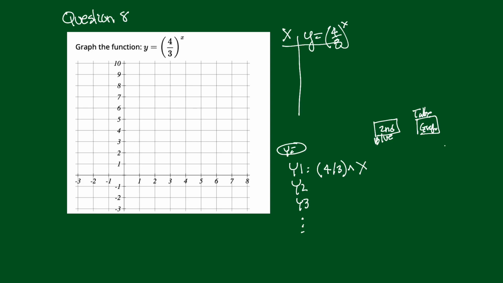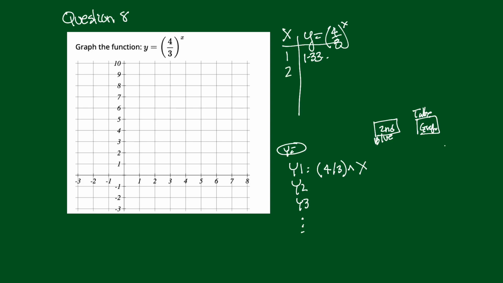Under X, if there's things in there, get your cursor over to X and press delete until they're all gone. Then put in a 1, and you'll get back 1.33, and so on.